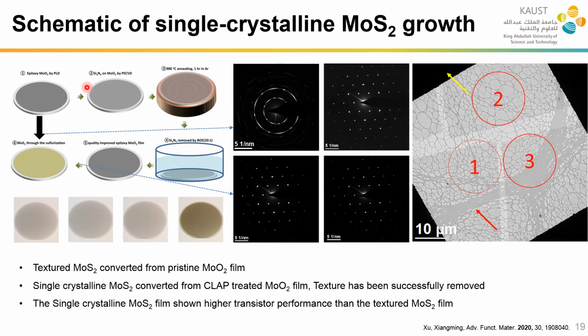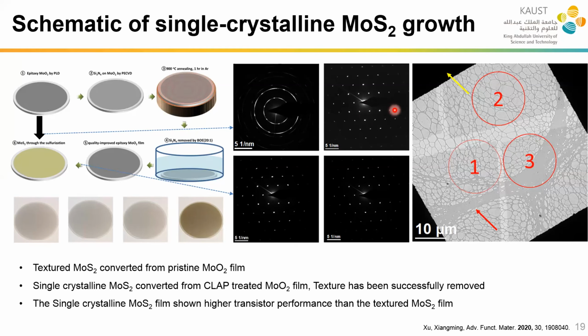I show two comparisons. One is if we do direct sulfurization, it will show this kind of heavily textured, near ring-like structure. If we use the capping layer annealing process and then do sulfurization, we will get a selected area diffraction pattern like this. It's a perfect single-crystal-like pattern.